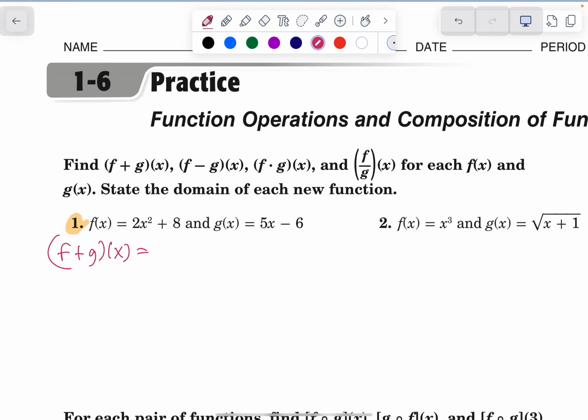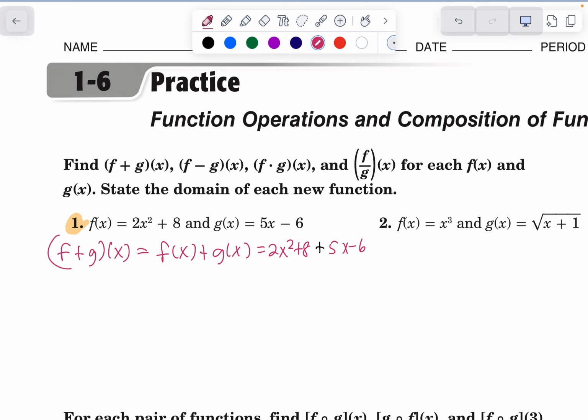Remember, that just means f of x plus g of x. So we're just going to write down the f of x function, write down a plus between them, then the g of x function. And we're just going to combine like terms. Don't overthink it. Just write them down and add them up.